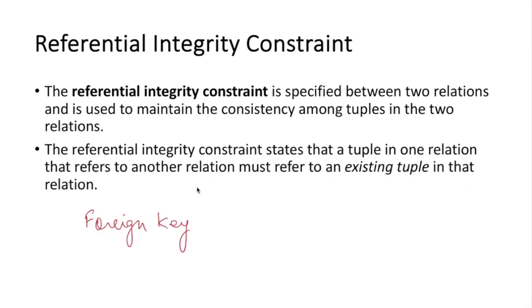It might seem very confusing, but let's explain it with an example. Let me explain what it means. Let's read it again. The referential integrity constraint states that a tuple in one relation that refers to another relation must refer to an existing tuple in that relation. So let's see an example.